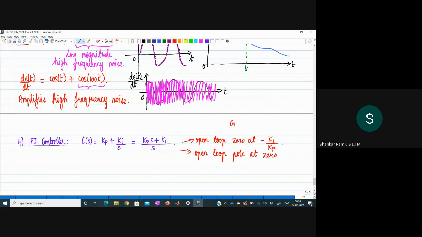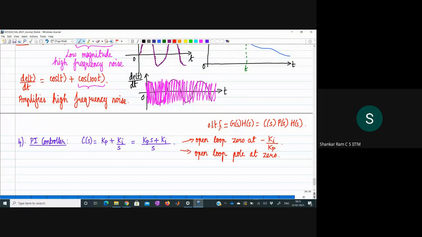Because please remember, the open loop transfer function is nothing but G of s times H of s, and we know that G of s is going to be C of s times P of s. So we can immediately observe that whatever zeros and poles are introduced in our choice of C of s automatically get added as open loop poles and open loop zeros.